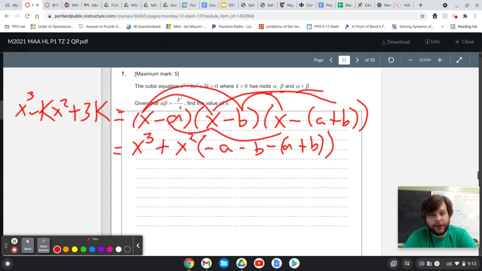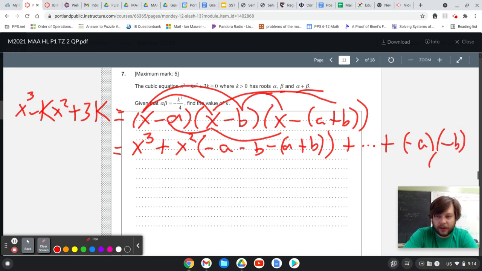And then similarly, the coefficient of x in this problem is really irrelevant because we don't have an x coefficient on the left side of it. And so what we really care about, I'm just going to put a little dot dot dot because I don't care about that. And then the coefficient of the constant happens to be negative a, negative b, negative (a plus b), because the only way you get a constant is if you multiply all of them.